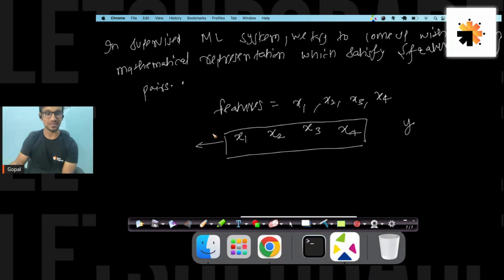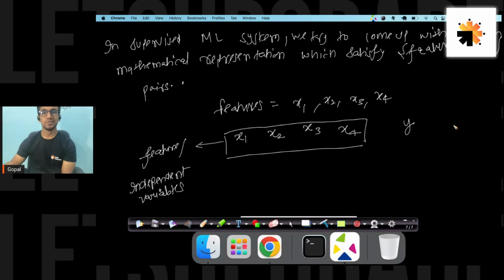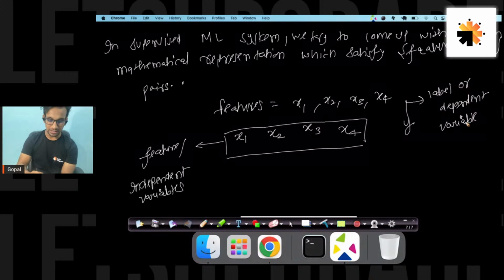So these are called features, or also independent variables. And in this case, y is called a label or a dependent variable. So this is called an independent variable and a dependent variable.